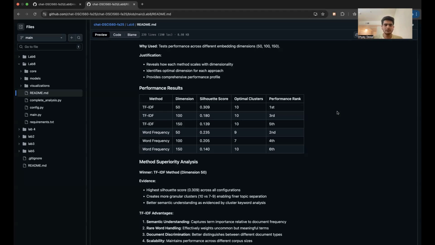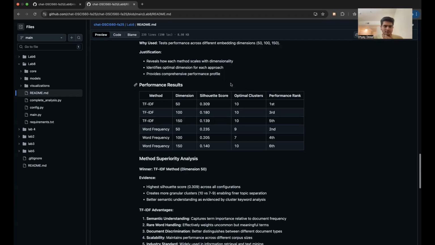The first method that we used was the TF-IDF analysis. TF-IDF weights words based on their importance in individual documents relative to the entire corpus. This means that rare but meaningful words get higher weightage, while common words get lower weightage.